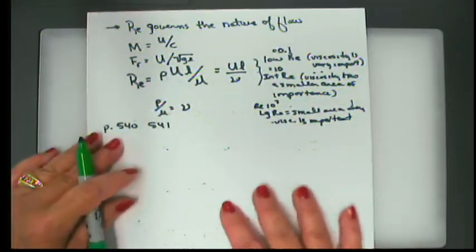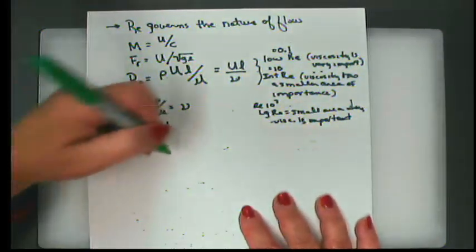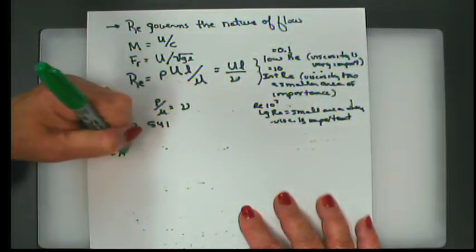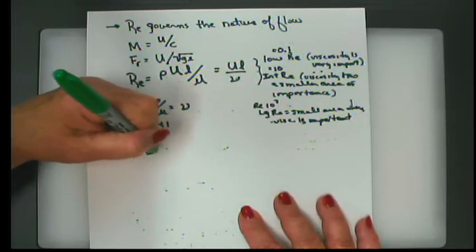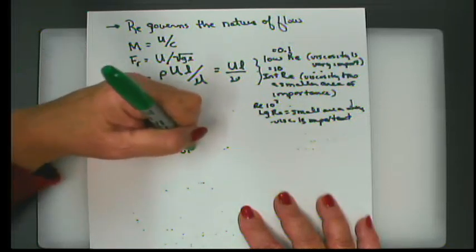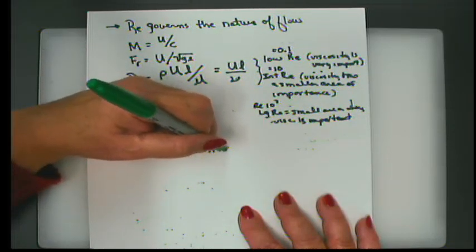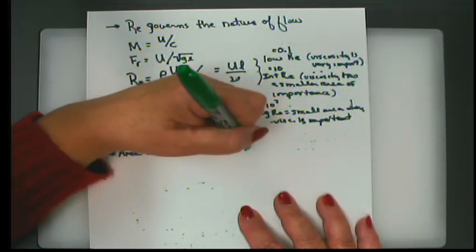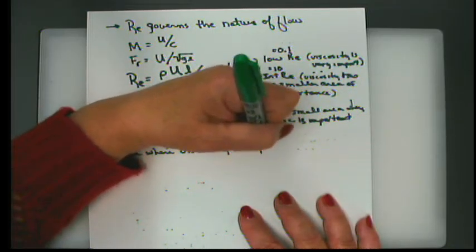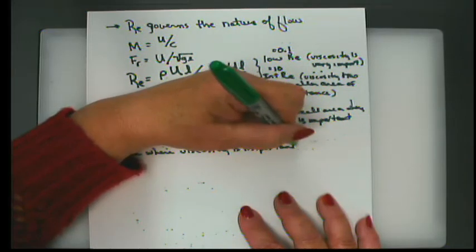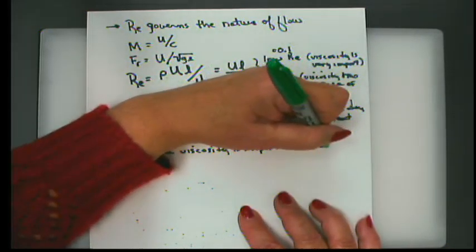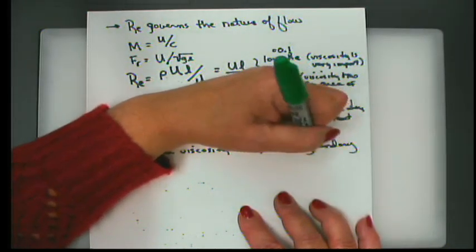Okay. And basically the area, if you recall, the area where viscosity is important, the viscous region, is referred to as the boundary layer. Okay?